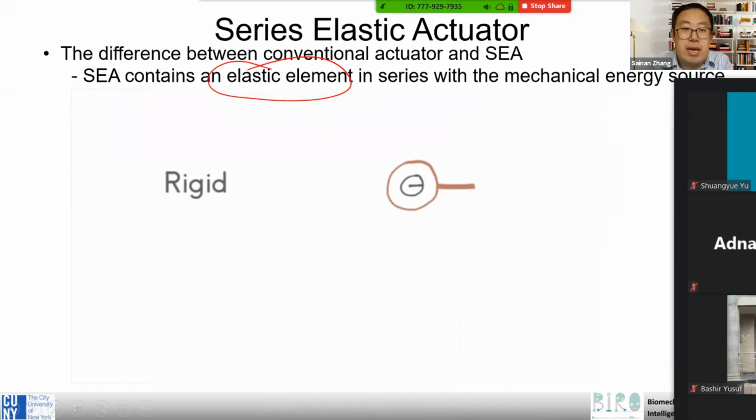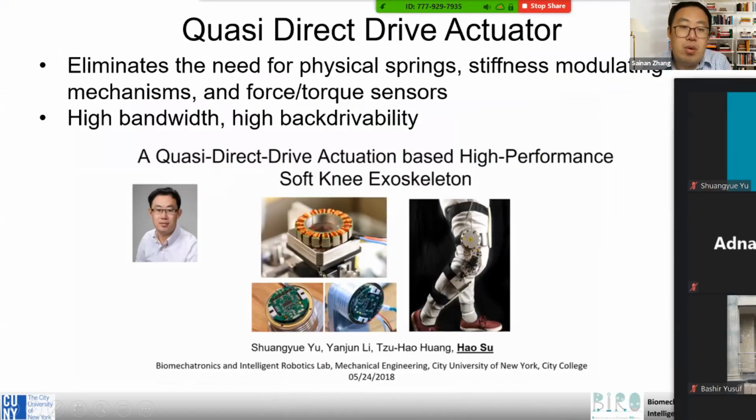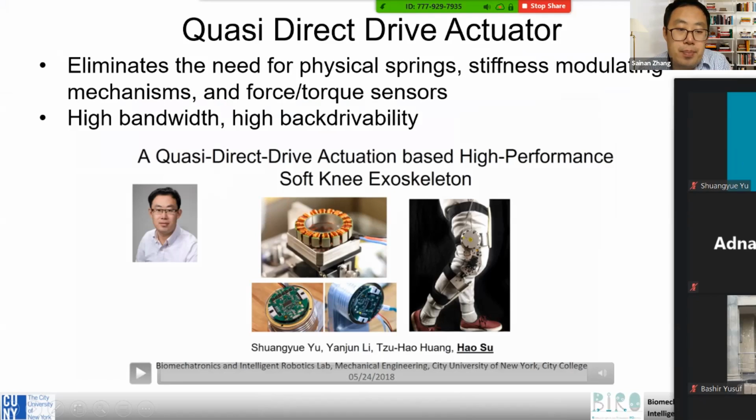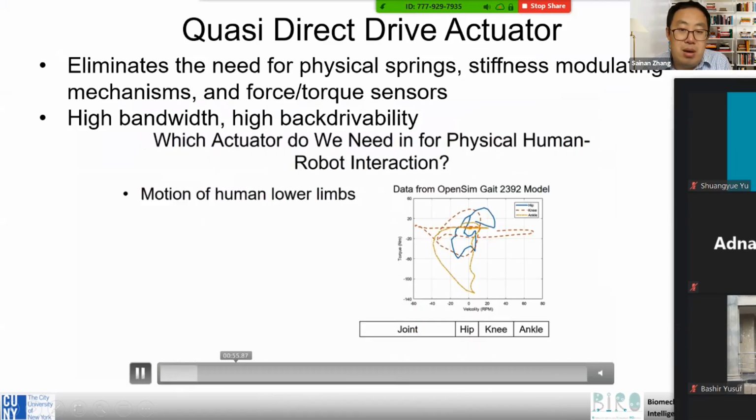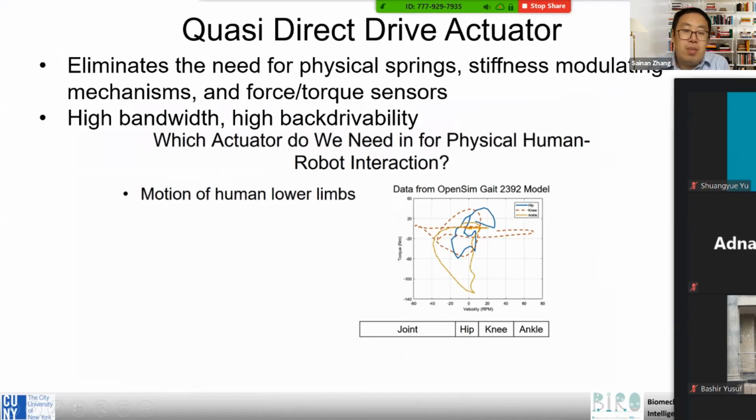So let's go to the next slide. On my website, I also have a lecture about quasi-direct drive from a conference about two years ago. I talk about the pros and cons of different actuation methods. The point we want to make is that with quasi-direct drive, we can make the robot behave more like a human.